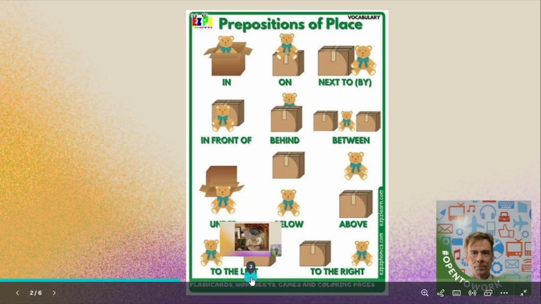If we are talking about directions such as left and right, the expression we usually use is to the left of something or to the right of something.